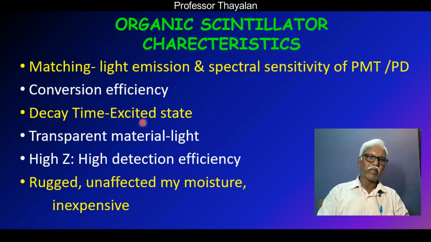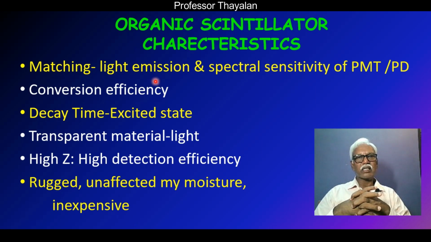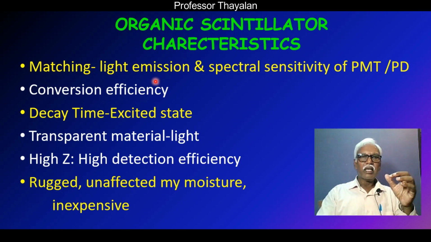That is called the excited state time. Then it should be transparent to light, and it should have high Z so that high detection efficiency is there. It should be rugged, unaffected by moisture and inexpensive. Apart from that, there should be a match between the light emitted and the spectral sensitivity of the photomultiplier or photodiode.